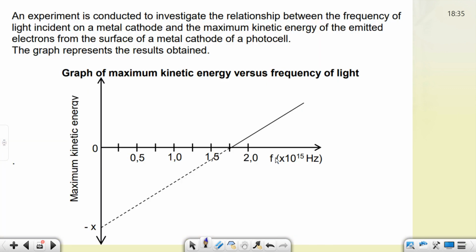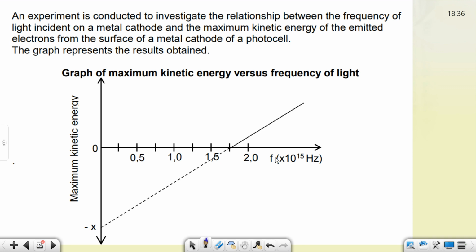Here is my first question. An experiment is conducted to investigate the relationship. Please, you got to read, and get enough information from this story here. So please read.